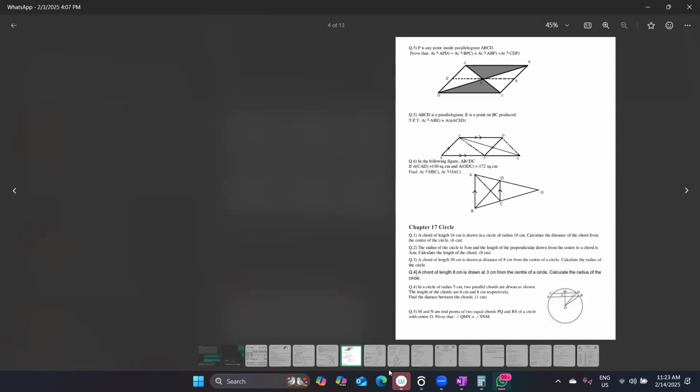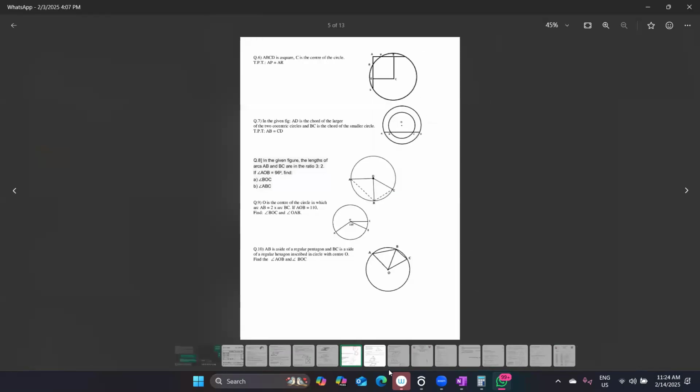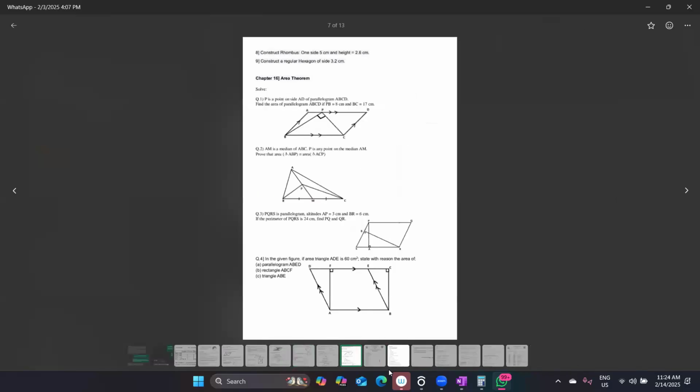Yeah, the ones above are area theorem. Okay, so any specific question from there? Question 3, sir. Area theorem question 3. Okay, that's not here. Yes, sir, this one. Question 3.